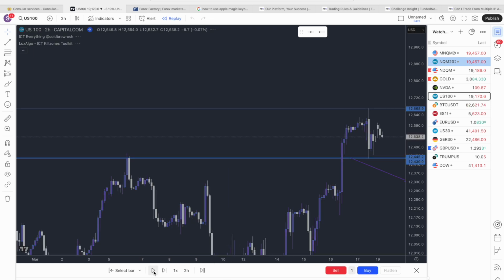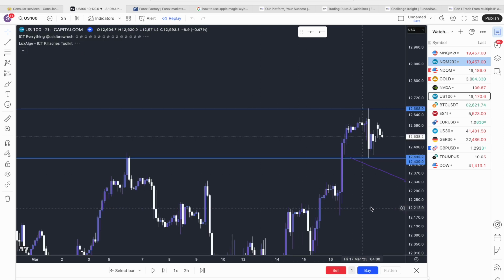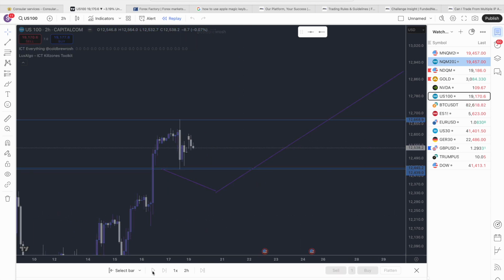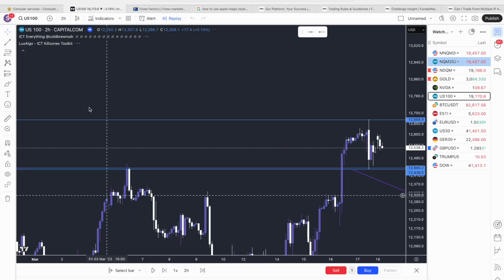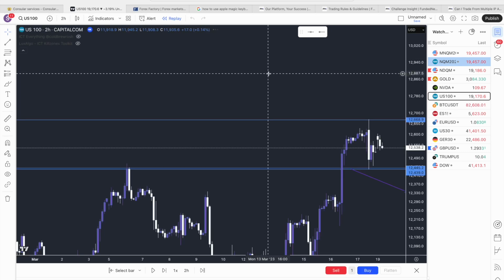Let's try one candle at a time. I think it's loading this indicator. Why am I paying for TradingView if it's going to... Oh my days. You know what? I don't even need these indicators. Okay, let's go now. I'm just going to pause this for a bit.